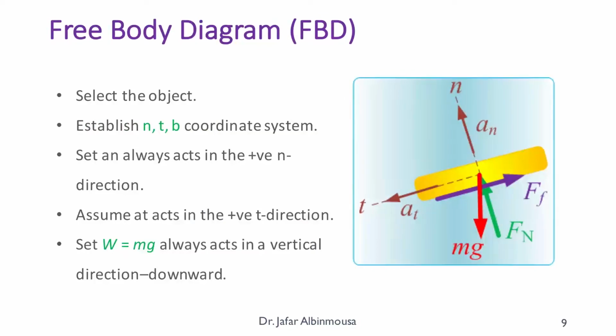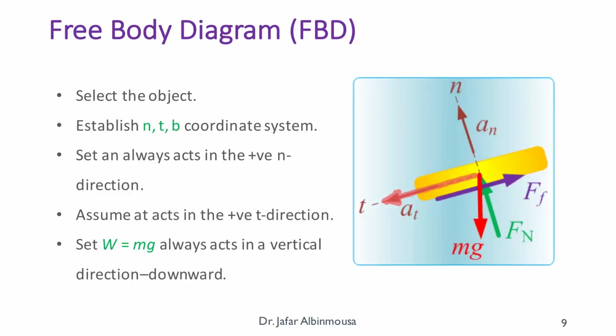Now let's see how we can draw the free body diagram for an object being analyzed using the normal-tangential coordinate system. Here we assume that the object is this one and it is moving downward. So as we agreed, this is the direction where the tangential axis is supposed to be positive.